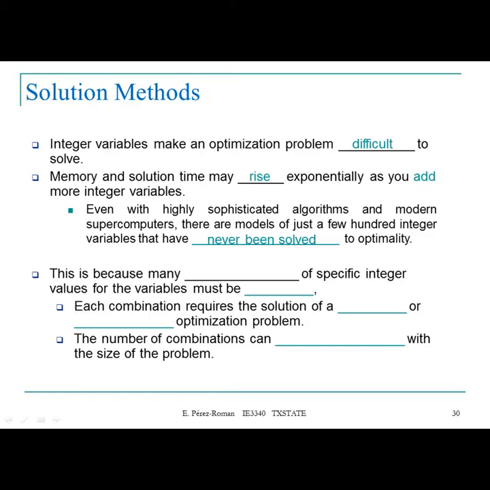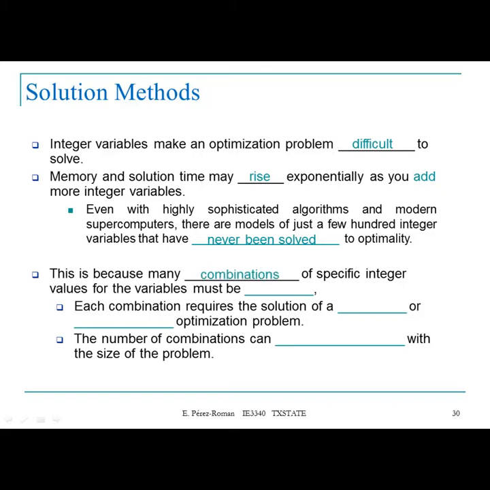It's a very important problem, very useful in the industry, and that's why a lot of people are looking for ways to find solutions for that type of problem. There are some methods that give you good solutions, but none of them are guaranteed optimal. So when you have these very complicated problems, you might find out that there's no way that you can find a solution.